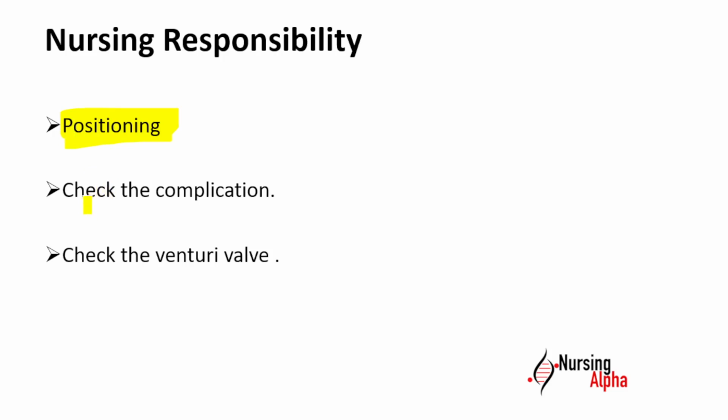Then also check for any complications while providing the Venturi mask. What are the respiration rate, heart rate, temperature, or others? We have to check. Check the Venturi valves. This is the most important thing. Why? If the Venturi valve is blocked or has certain things inside it, that might be a problem for the patients.